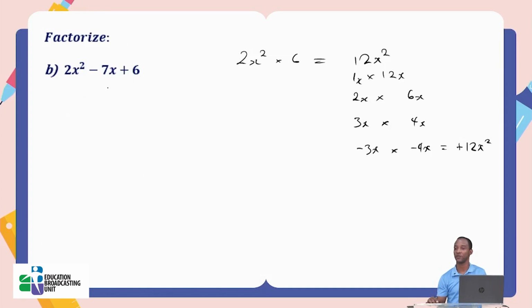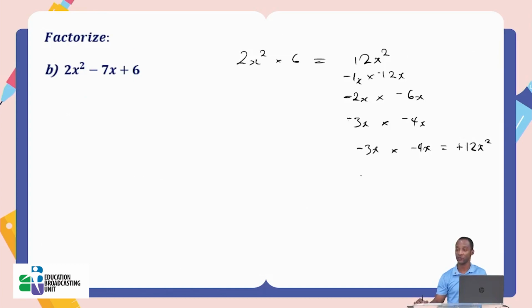In fact, because the middle term is negative, these will have to be negatives. So negative 1 times negative 12, negative 2 times negative 6 will also give us positive 12. Negative 3 times negative 4 gives us positive 12. So looking at it, negative 3x times negative 4x gives us positive 12x squared.